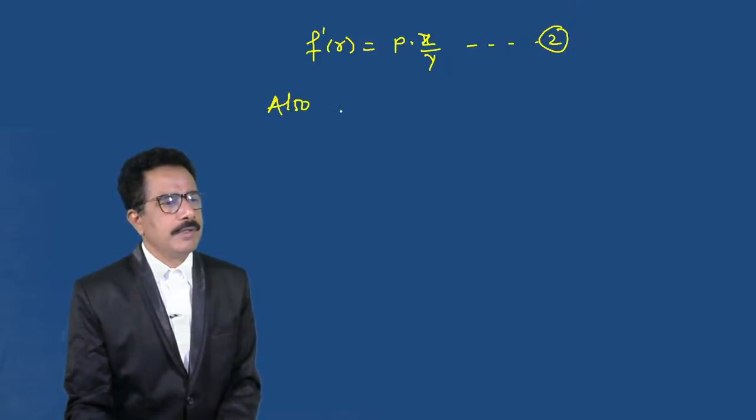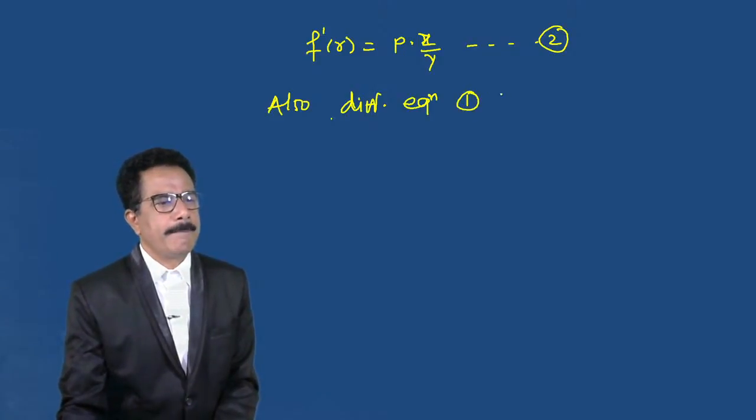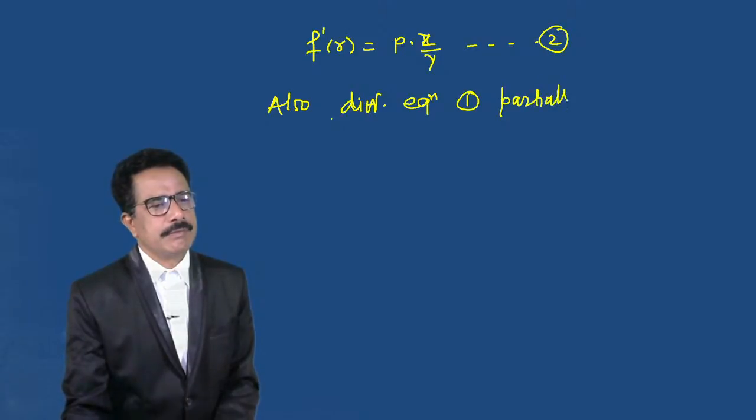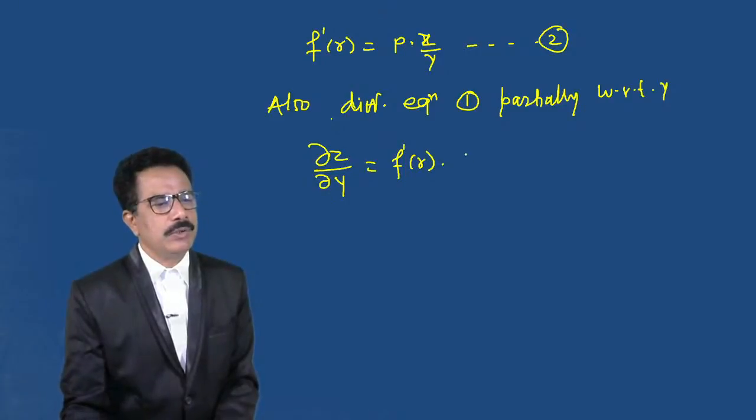Also differentiating equation 1 partially with respect to y, we can write dou z by dou y, which is equal to f dash of r into dou r by dou y.